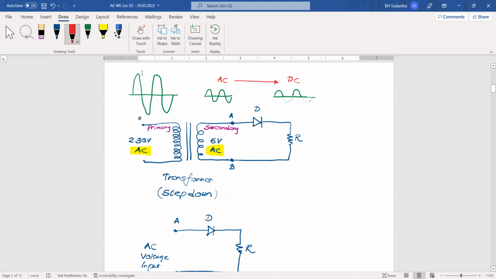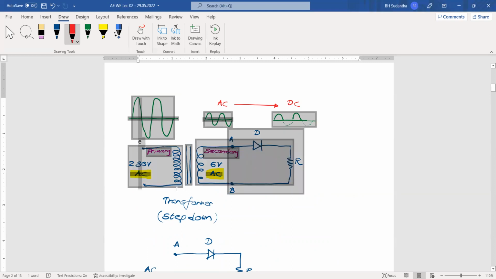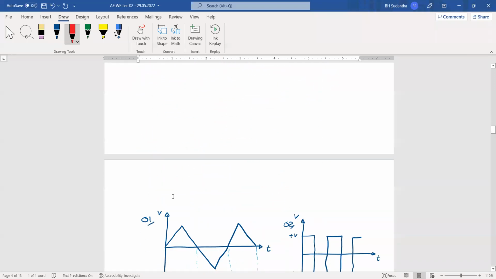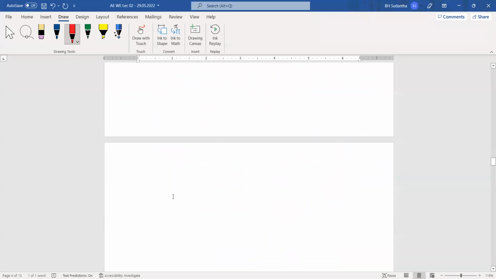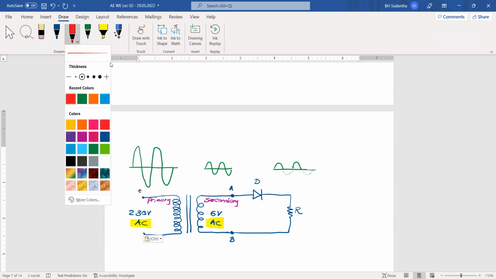Okay, then we take this one here. I think what we can do for this one is we can add a special component here.